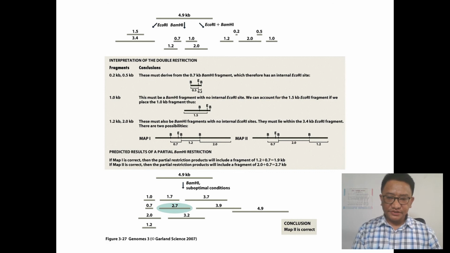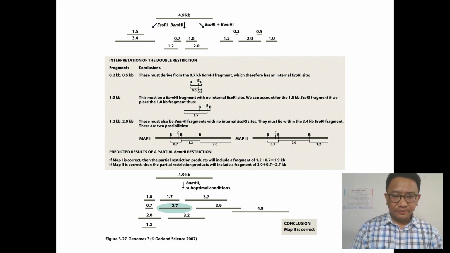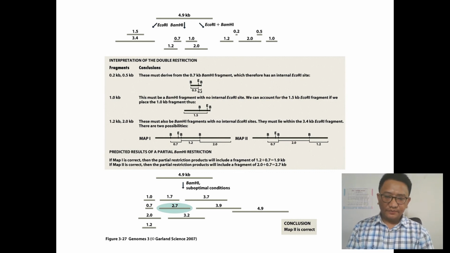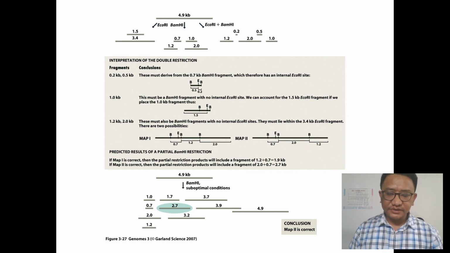The 0.7 fragment is already there. Now either 1.2 can come in between, or 2.0 can come in between. In other words, in map 1, after 0.7, 1.2 and then 2 kb. Similarly in map 2, 0.7, 2 kb, 1.2 kb. So we need to find out which one is the correct orientation, which one is the correct map.